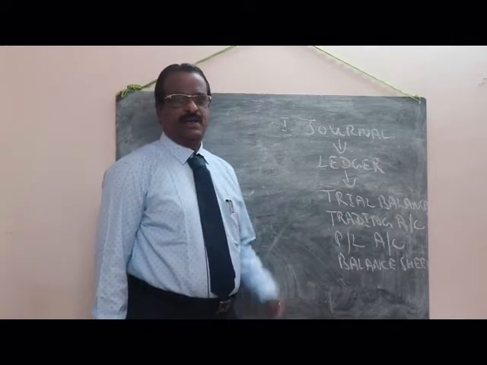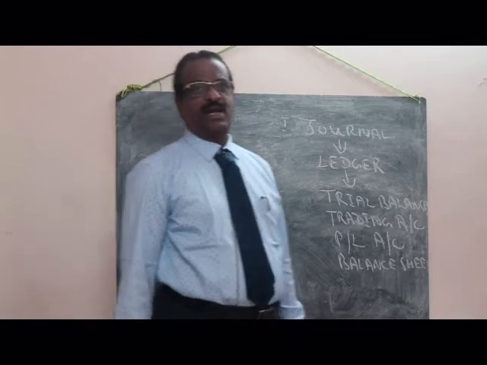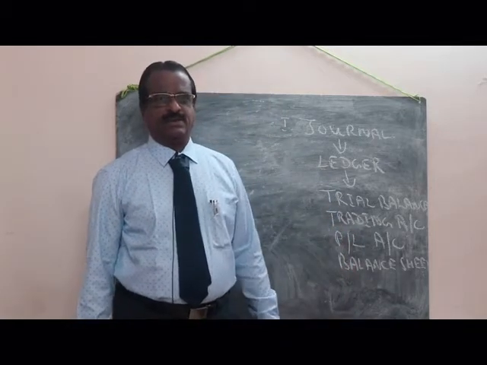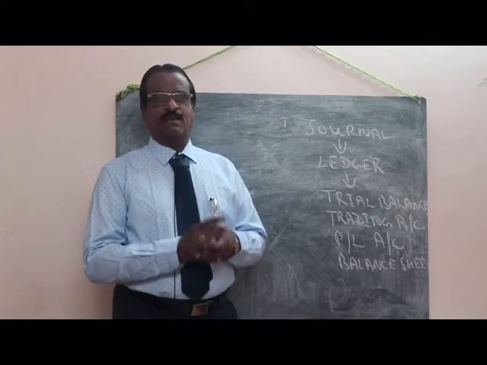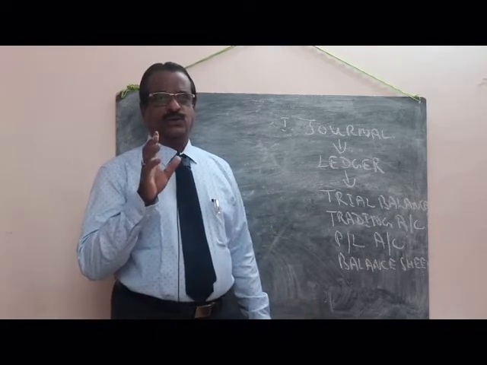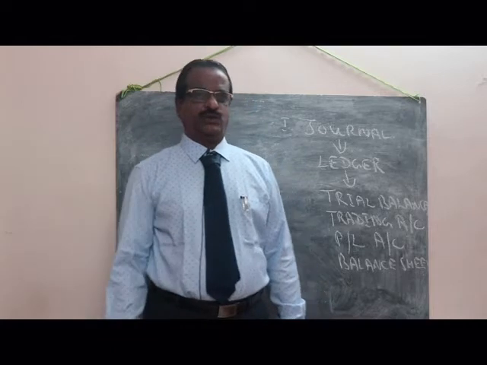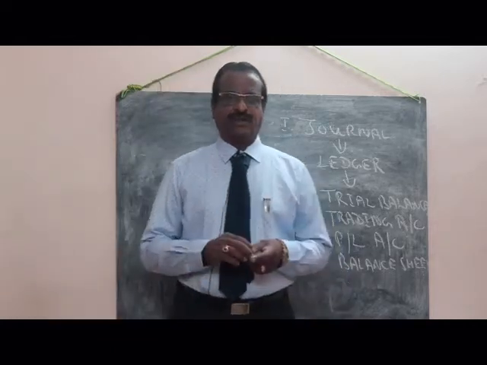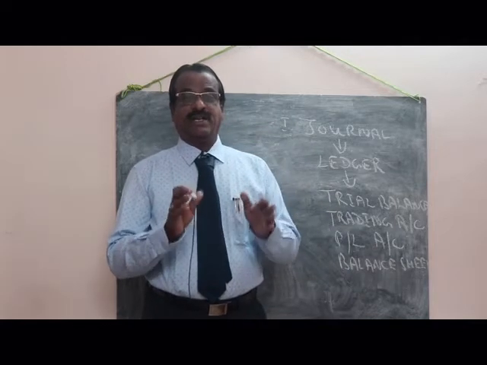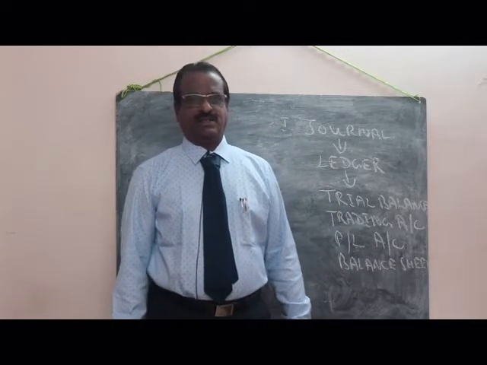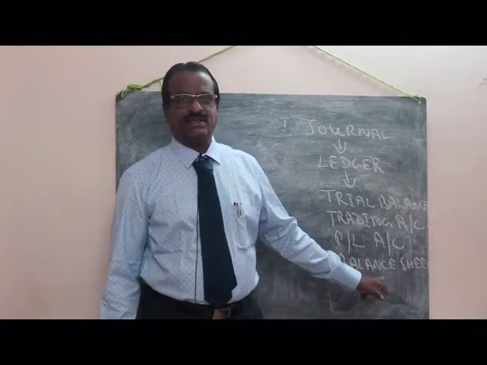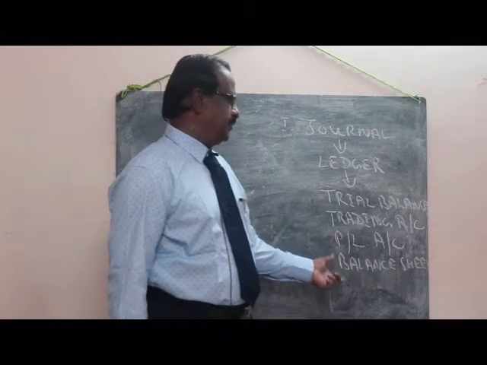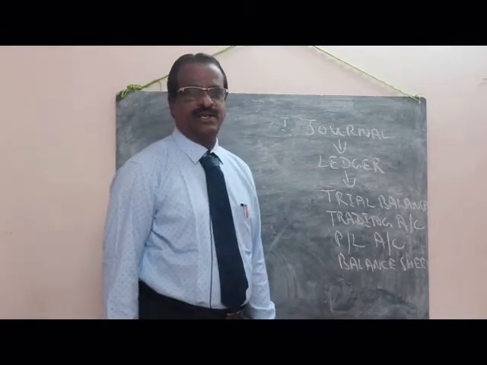So this is the summarizing. The next characteristic is analysis and interpretation. After summarizing, it helps the management to know the financial position. From the financial position, the management will take decisions. The last characteristic is communicating.